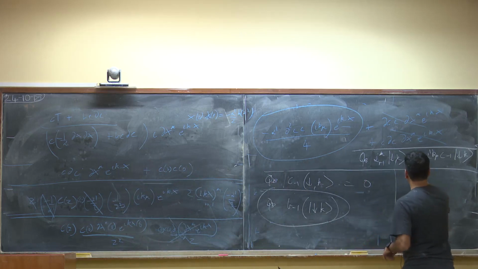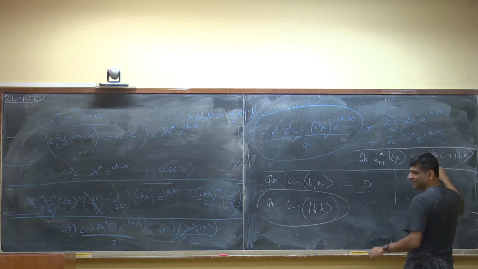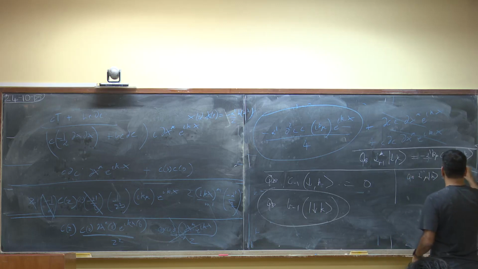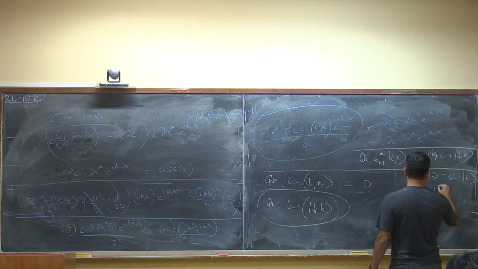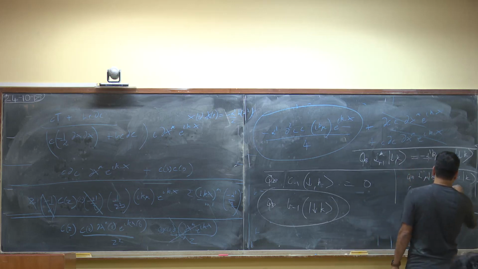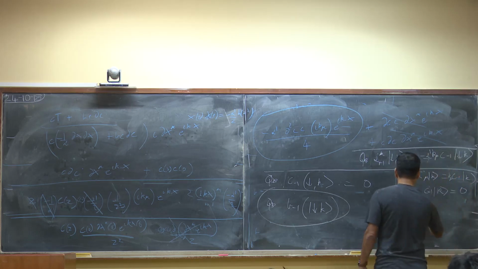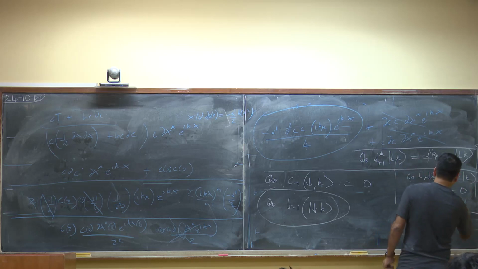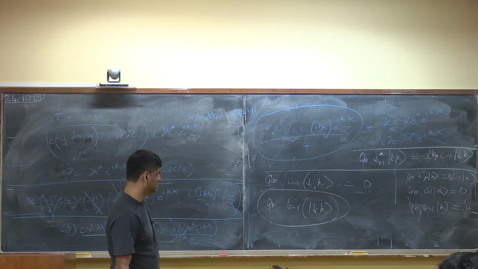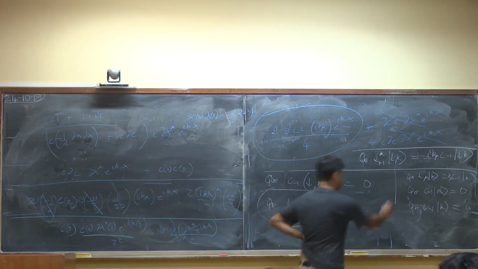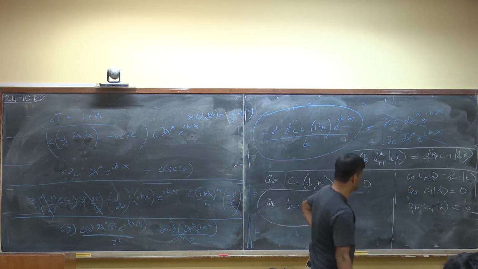QB acting on alpha minus 1 mu K, I'm not writing the downs all the time, is equal to C minus 1 K times mu times C minus 1 K. We've got QB on C minus 1 K equal to 0, and QB on B minus 1 K is equal to something. We have to work this out. C minus 1 K got thrown away because it was Q exact.